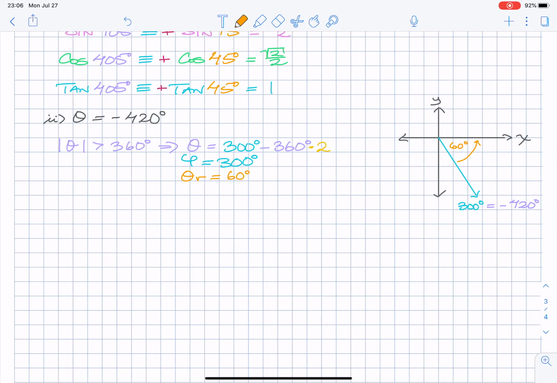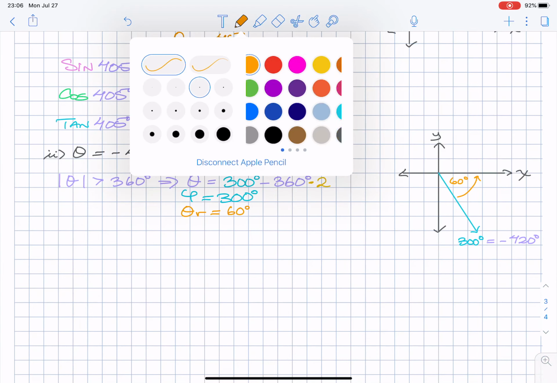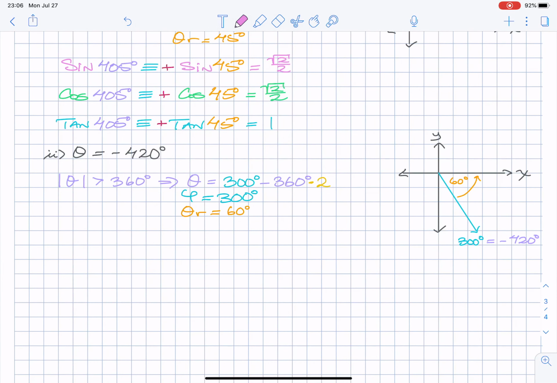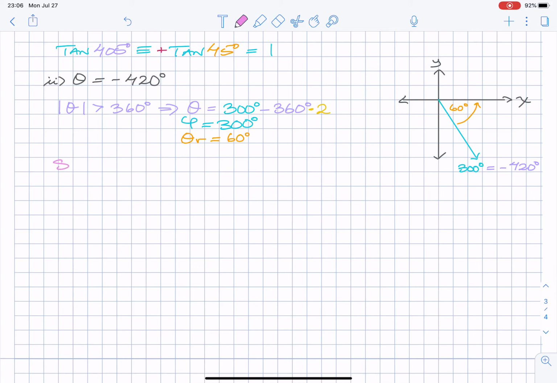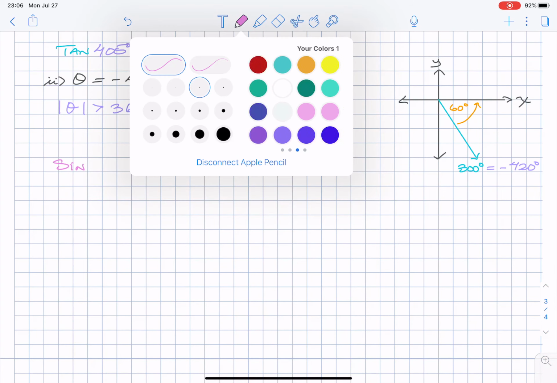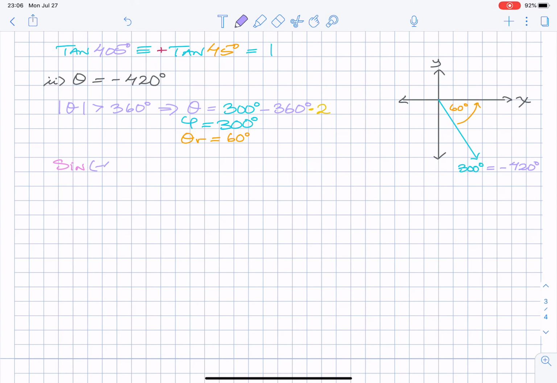Now I can actually illustrate what I was trying to up here. So I claim that sine of negative 420 degrees is going to be equivalent to, well, sine in quadrant 4 is negative, right? So if sine is negative, the y-coordinate is negative in quadrant 4. I'll have to tack on a negative sign here.